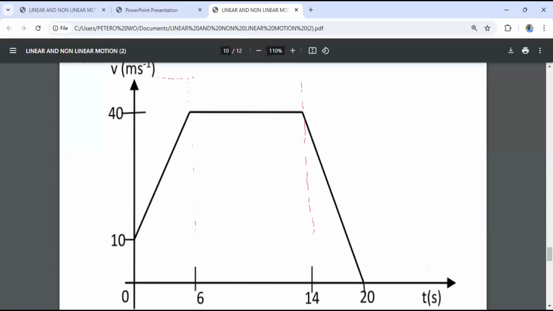We are having another question, which has been displayed.